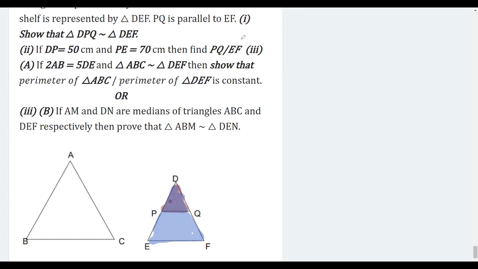Now, it's very easy to show these two triangles similar. What you can see here is that the lines are parallel. We are given PQ is parallel to EF. So from the corresponding angle property, we can say this angle is equal to this, and likewise this angle should be equal to this.